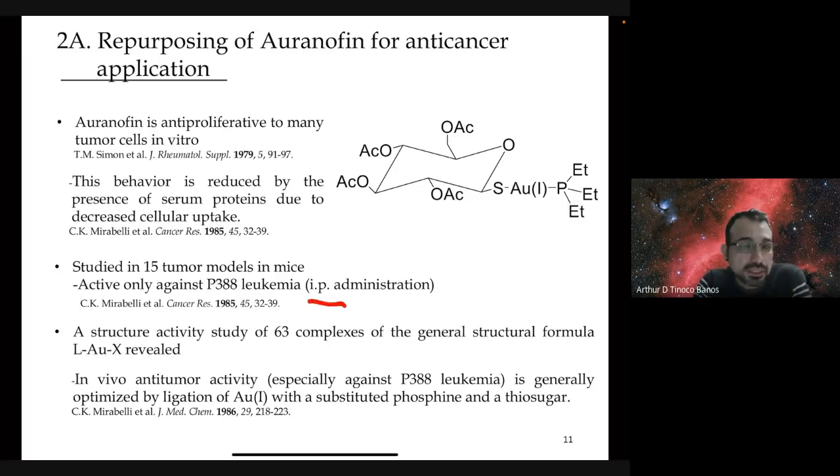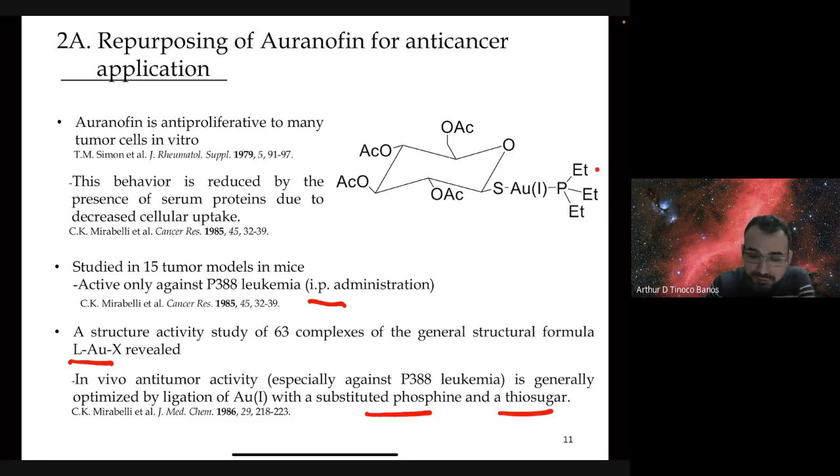A subsequent structure-activity study of 63 complexes of the general formula gold, ligand L, ligand X, revealed the following. In an in vivo anti-tumor activity study, particularly against P388 leukemia, the compounds that had the optimal anti-tumor effect were those in which there was ligation to gold(I) with a substituted phosphine and a thiol sugar.